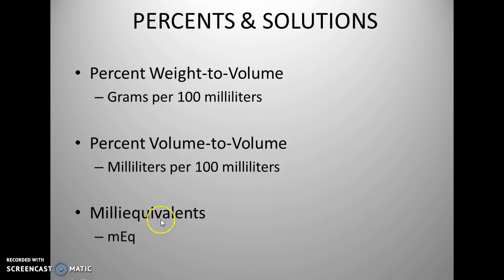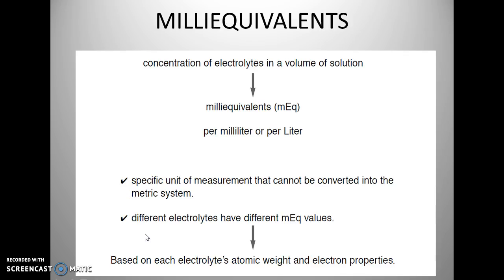Then we will talk about milliequivalents, and we have a few formulas that will help you understand milliequivalents. The concentration of electrolyte in a volume of solution is expressed as milliequivalents per milliliter or per liter.